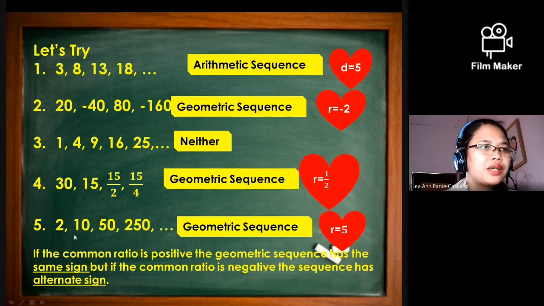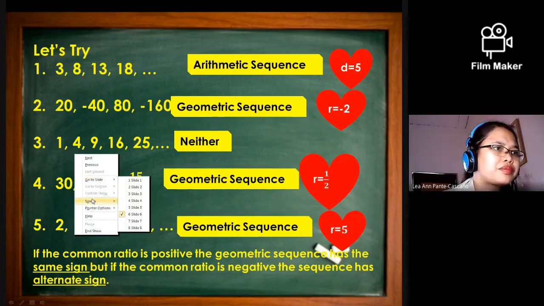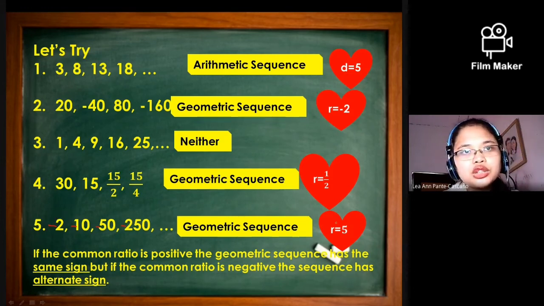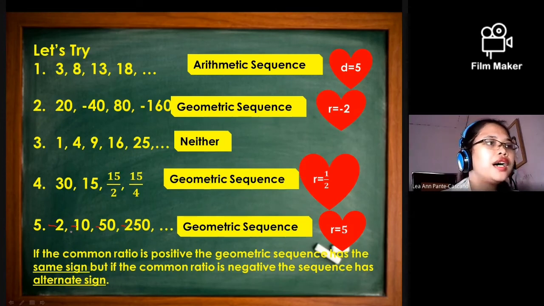So, ibig sabihin pala, let's change this one. Kung ito po ay negative 2, negative 10, negative 50, and negative 250. Kahit i-multiply po natin sa first term na meron siyang negative 2 sa positive ratio na 5, check natin. Positive 5 times negative 2 ay negative 10 pa rin naman po.